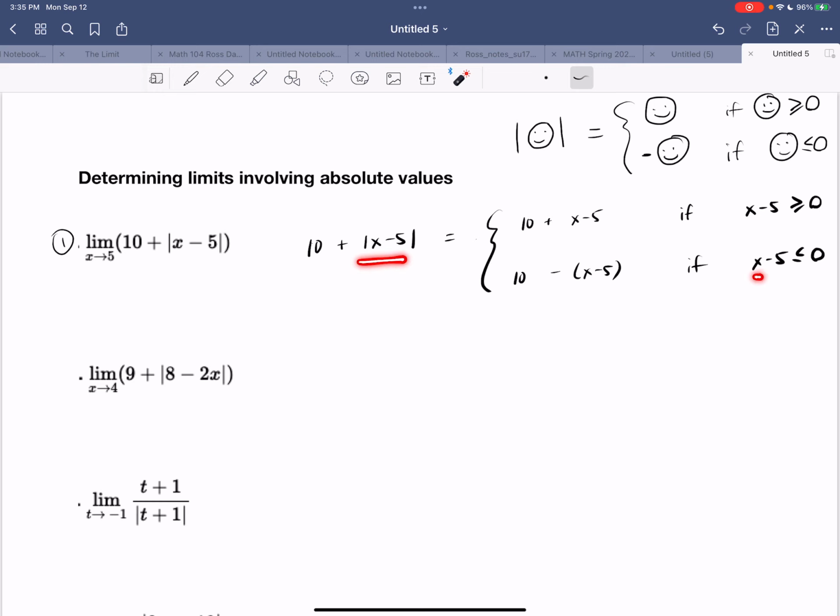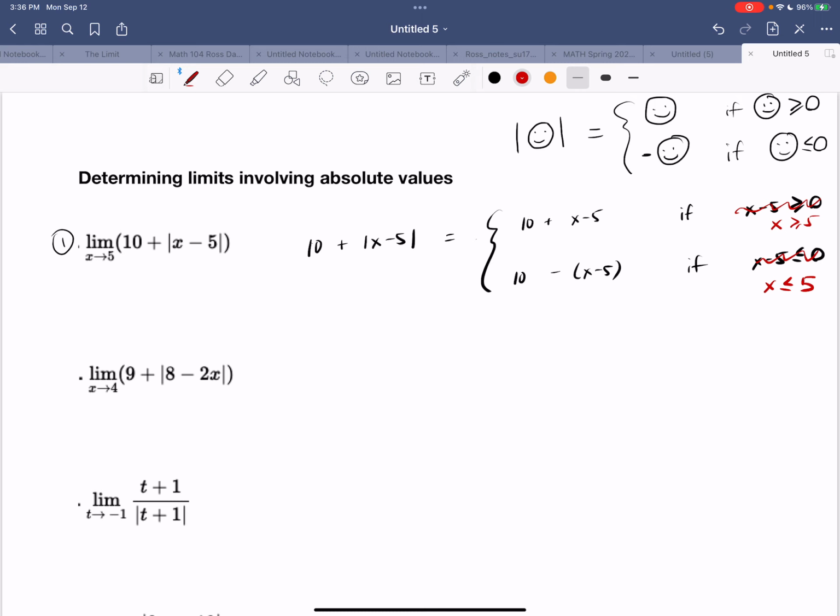If x minus 5 is less than or equal to 0, then I need minus, right? So I can actually simplify this a bit because here x minus 5 is bigger than or equal to 0. That's the same thing as saying x is bigger than or equal to 5. So all I did was add 5 to both sides of the inequality. And now down here, x minus 5 is less than or equal to 0. Well, I can just rewrite that as x is less than or equal to 5, right?